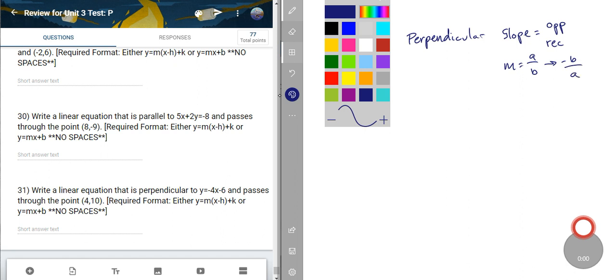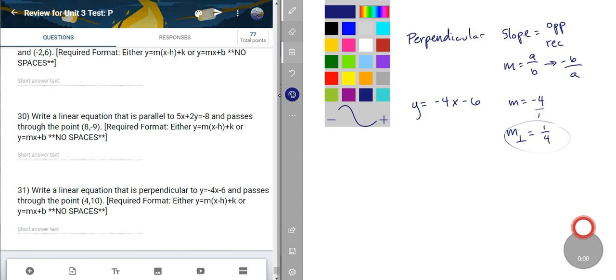That's what we're looking for. So looking at this equation, y equals negative 4x minus 6, the original slope is negative 4, which, keep in mind, implies it's over 1. So then my perpendicular slope to this would be a positive 1 over 4.